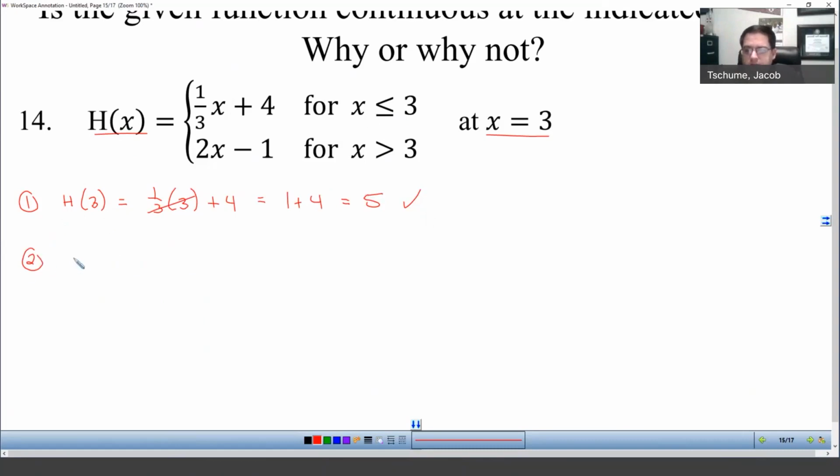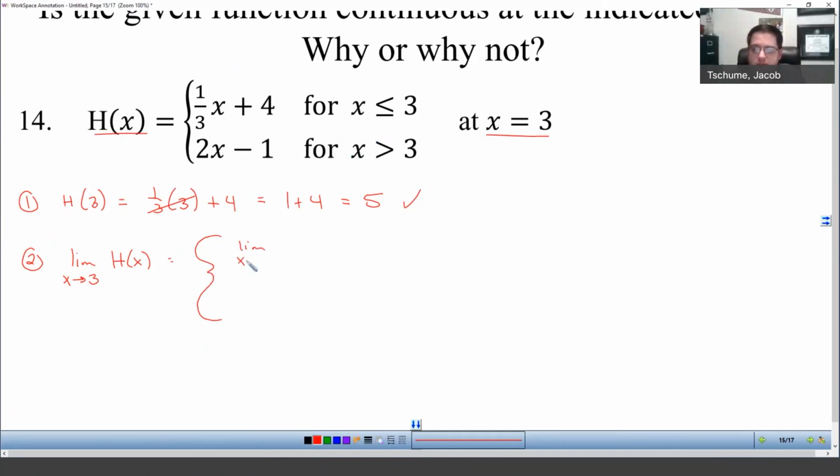Part 2, can you find the limit as x approaches the number in question, which is 3, of h of x? Now, since this is a less than and greater than problem, and you don't have the graph here, it's going to take a little bit more work. So what I would suggest you do here is we are going to break this up into 2 separate problems.